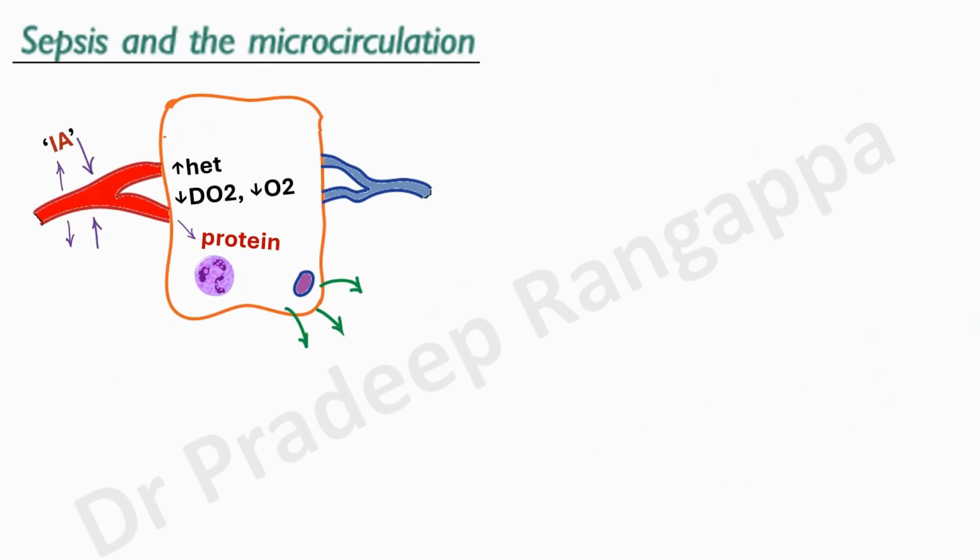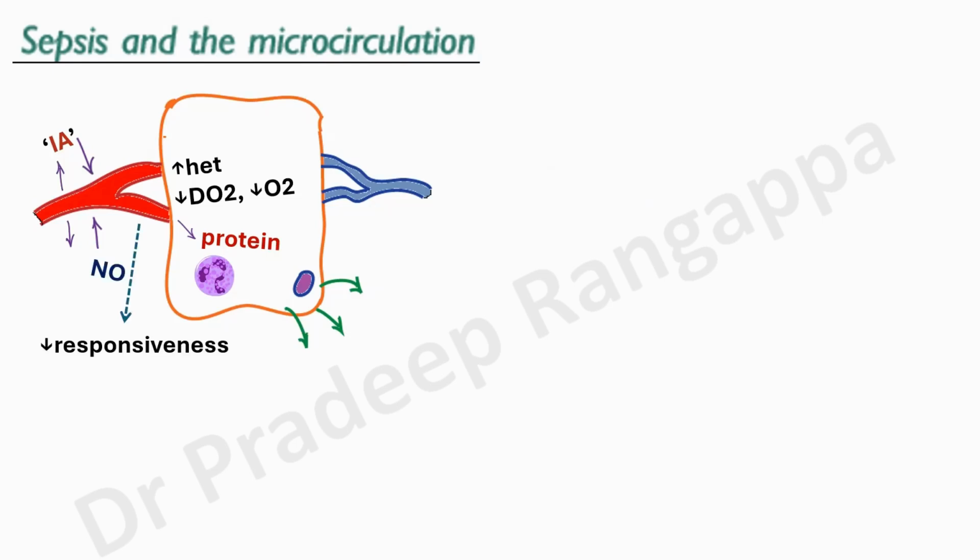There is increased heterogeneity with regard to nutrients getting into the cells, so cellular oxygen delivery comes down due to inappropriate constriction and dilatation. The auto-regulation that is maintained in the microcirculation is lost, and that leads to reduction in oxygen delivery, and cellular hypoxemia tends to set in.